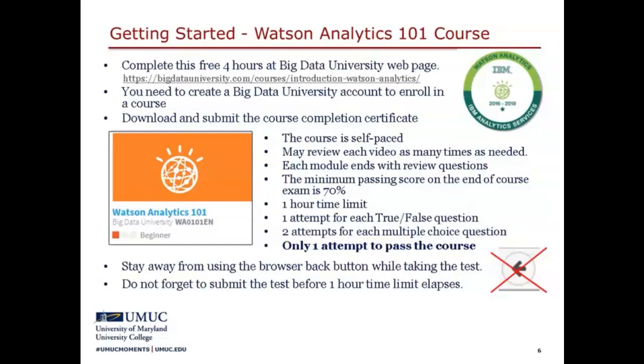There are several modules, and each module concludes with a little quiz. The quiz is timeless, and at the end you have an exam. You need to get an average of 70% to pass the course. You have a 1-hour limit for the test. You have 2 attempts for multiple choice questions, 1 attempt for true and false.